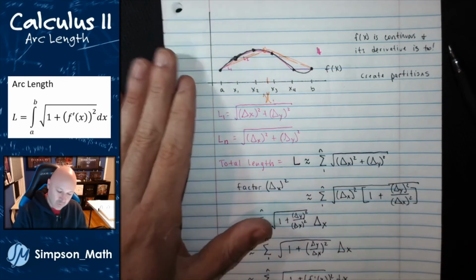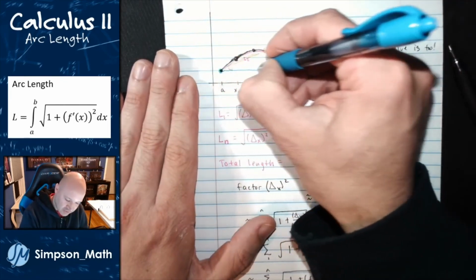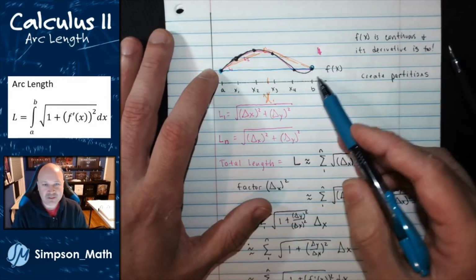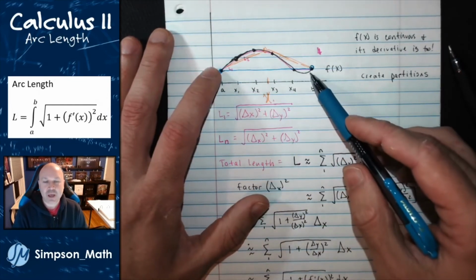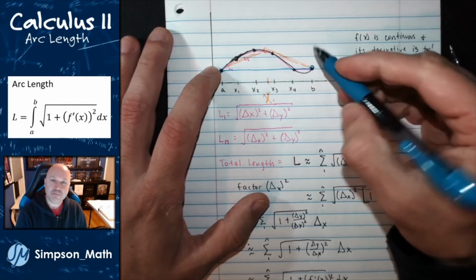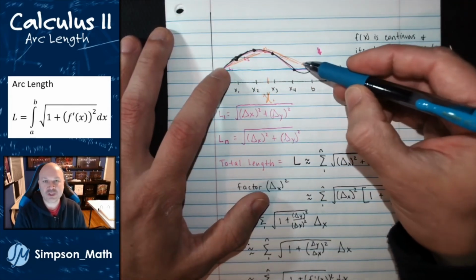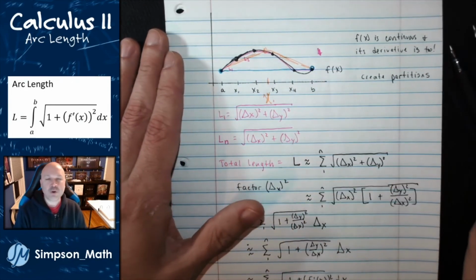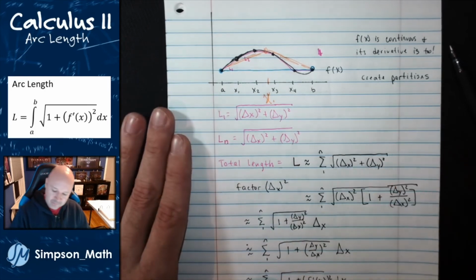If I just did one partition, if I just went straight here to here, that's a good estimate too, a distance of 6 or whatever. But it doesn't account for the going up and then going back down. So the blue is an okay estimate. The orange is better. Hopefully you can tell that the pink is even better. And the more partitions, the better.